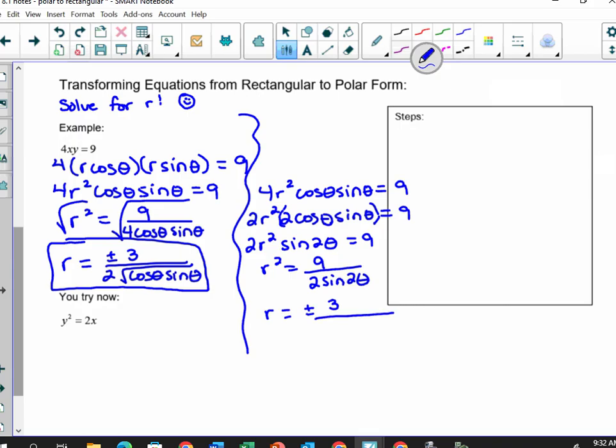The other is like practice. It just looks like the other one. Just be aware that there are multiple ways you could write these.